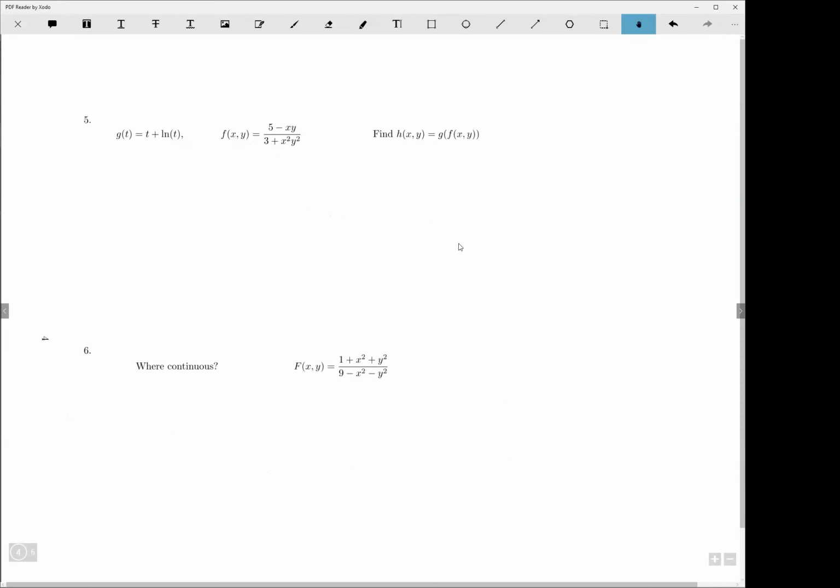Okay, number 5. We're supposed to find the composition of these two functions, this right here, and then say where it's continuous. So it's this function of this one, which means it's going to be g of all this.